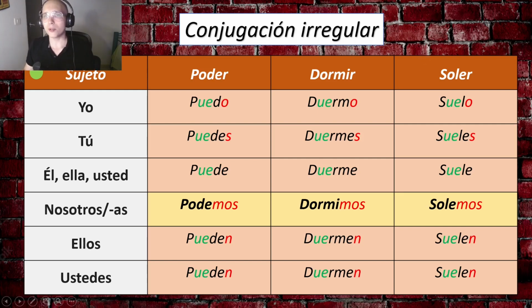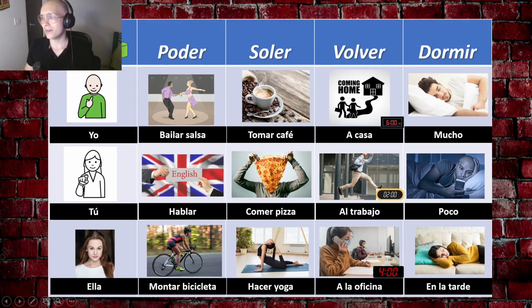But let's practice those conjugations with phrases. Now, in this poster, we will have 4 verbs, okay, to practice this declination. Poder, to be able to. Soler, to usually do. Volver, to return or to go back. And dormir, to sleep. And we will be practicing with the subjects yo, tú, and ella.